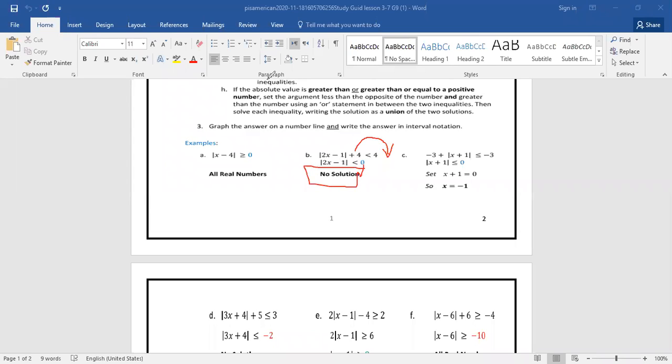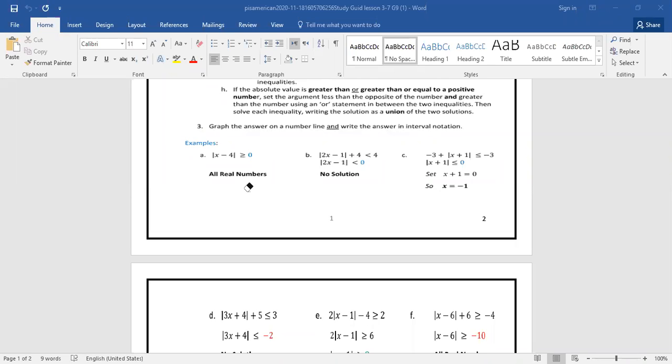So the second case, when we have an absolute value less than 0. So the first case, when we have an absolute value more than or equal, take care, it's more than or equal 0, so it will be all real numbers. Second, if the absolute value is less than 0, no solution.